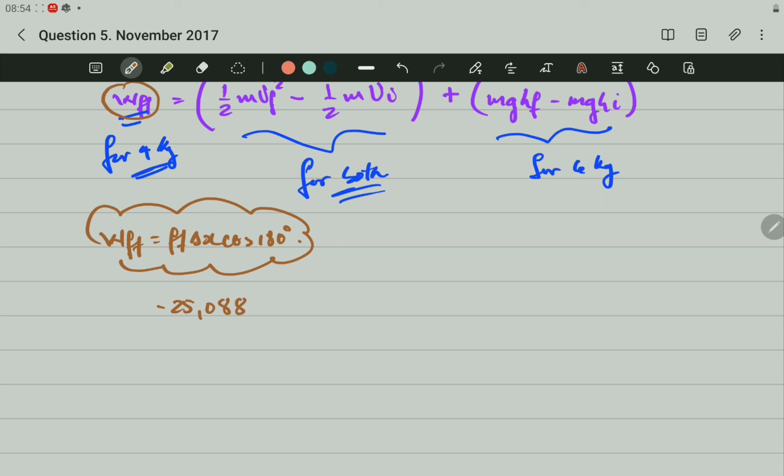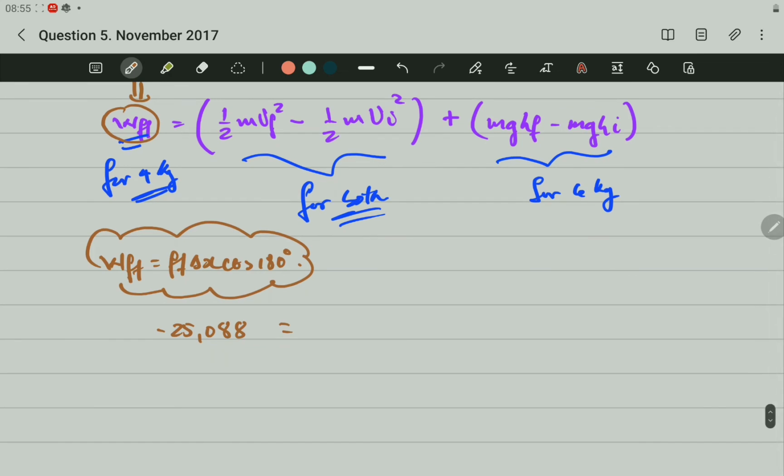There we go. And then if you do the substitution on the other side, you get the following: equal to half, the mass, remember, is for both, so it is 10, multiplied by the final speed squared, you're looking for that one, minus half, mass is 10, multiplied by 0 squared.